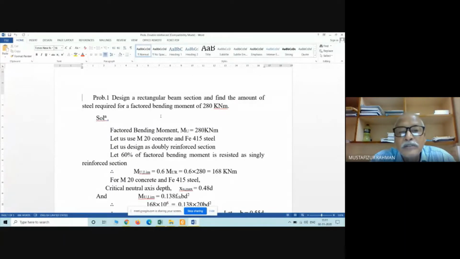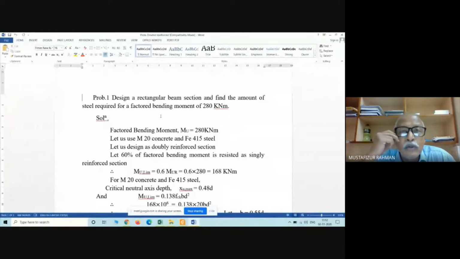We were given the cross section of the member, the amount of tensile steel as well as the amount of compression steel, the grade of concrete, the grade of steel, all those things. We were asked to find out what will be the moment of resistance of the section.